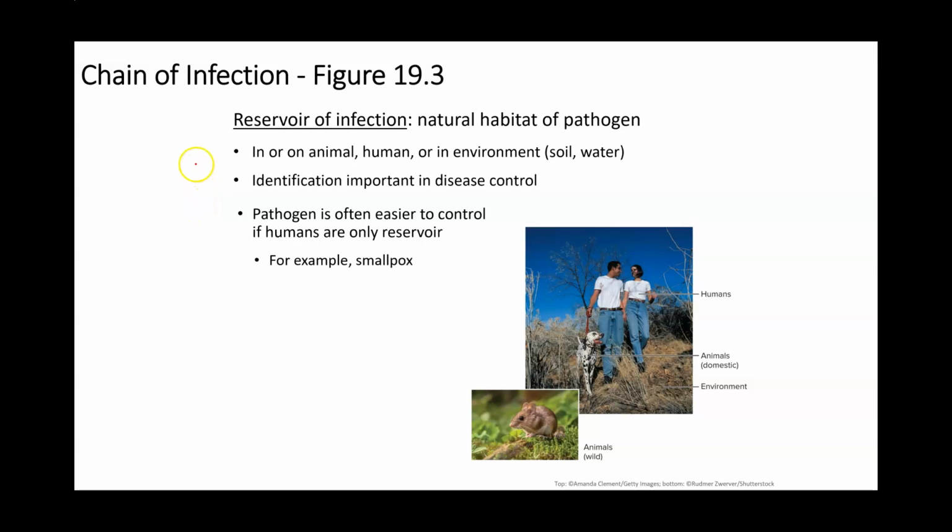If we know the reservoir, then we can potentially control diseases. If the reservoir is human only, we can often eradicate the disease. The example there is smallpox, which was eradicated, and it is a disease that can only affect humans.